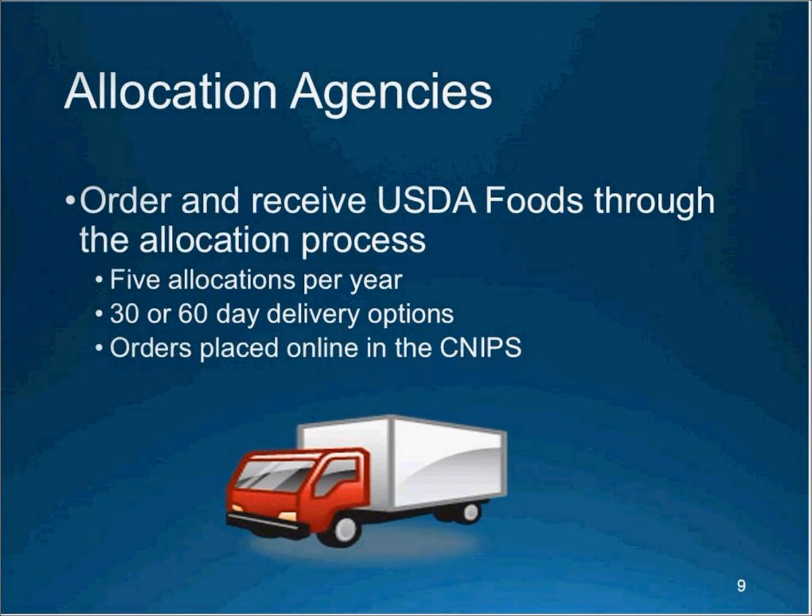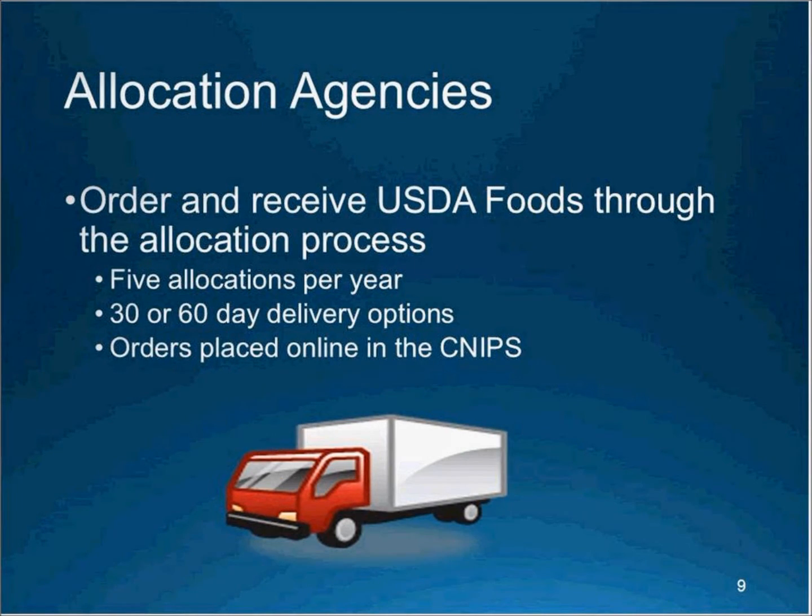However, if an agency has extra entitlement to spend, they may request additional units of any USDA food or DoD produce available. As for deliveries, allocation agencies may choose to have their USDA foods and DoD produce delivered every 30 or 60 days by the state distribution center.